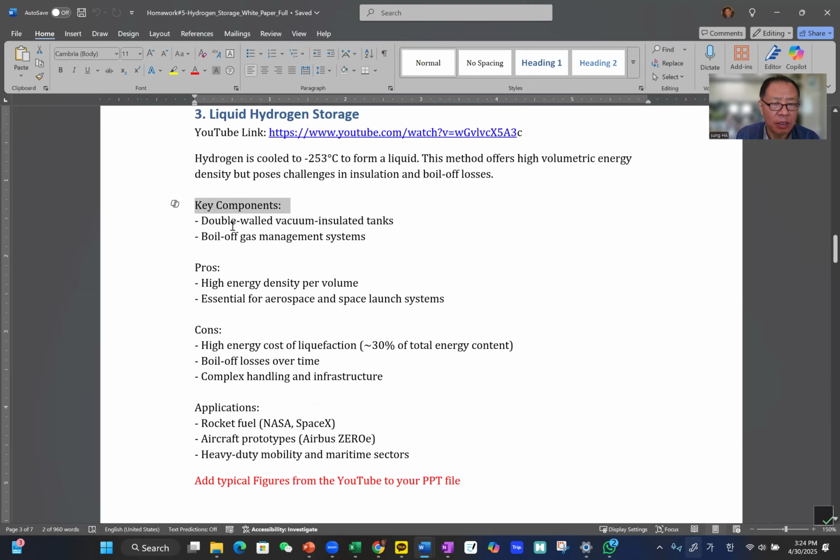Okay, what is a double-walled vacuum insulation tank? Boil-off gas management system. What are these components? Very important to keep the temperature as low as minus 253.